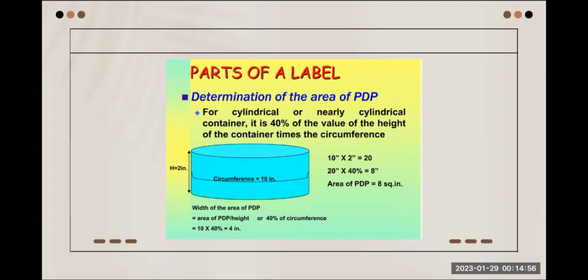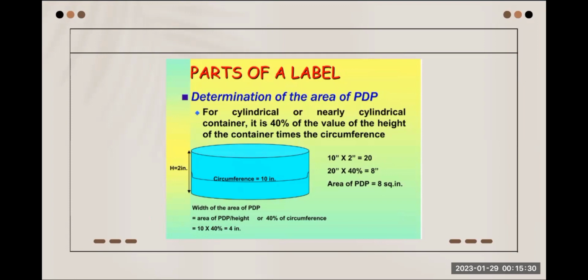And ito naman po kapag cylindrical naman yung product, kunyari nasa Delata, yung mga nasa easy open can, may formula rin po para makuha yung PDP. Para kung saan mo pwedeng ilagay yung pinaka-display label, may formula po. For cylindrical or nearly cylindrical container, it is 40% of the value of the height of the container times the circumference.